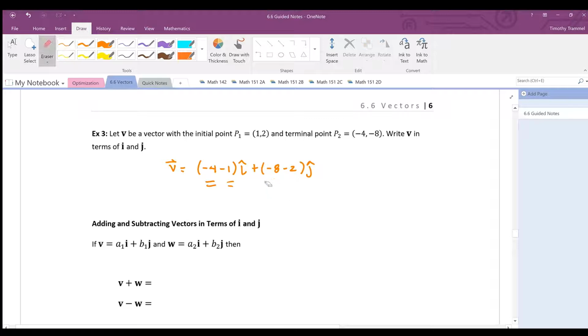Well, remember, I want this number here to be the number that represents how far we've moved horizontally. And so if we went from 1, 2 to -4, 8, that means we've actually gone, sorry, not 3, -5 units over, or 5 units to the left.